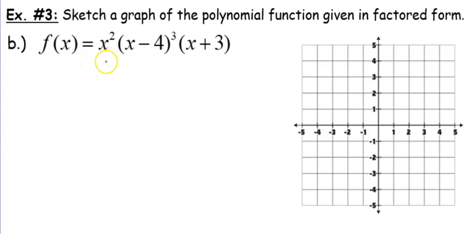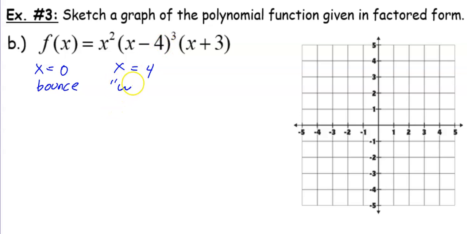Well, we can see that we're going to have 2, 5, 6 zeros. So we know x is 0 with a multiplicity of 2. That means at 0, we are going to hit that 0 and bounce right back down. We have x equals 4, and it's an odd multiplicity.